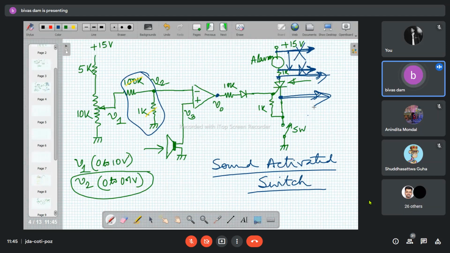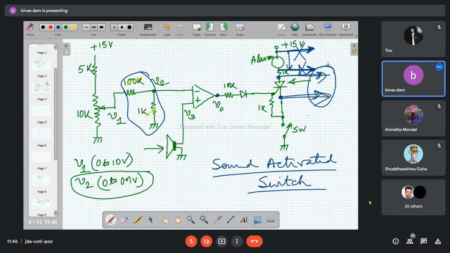So this sound activated switch has many such good applications. If you want to clap your hand and ensure that the door gets opened, the door opening circuit can be connected to these two contacts, so you get that same effect.